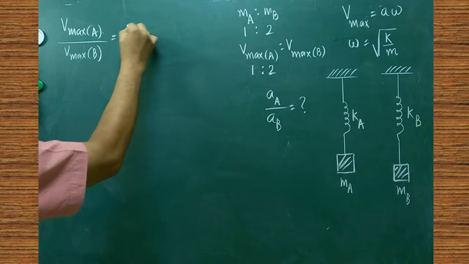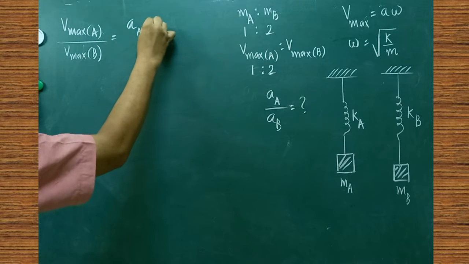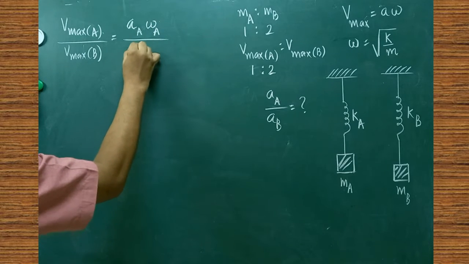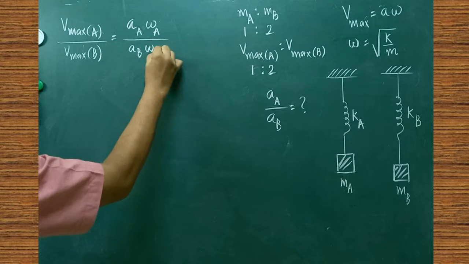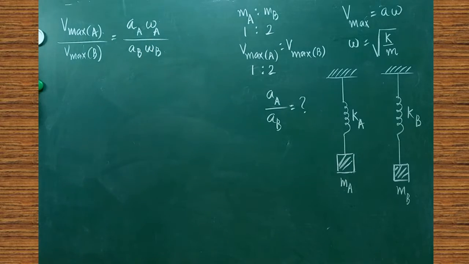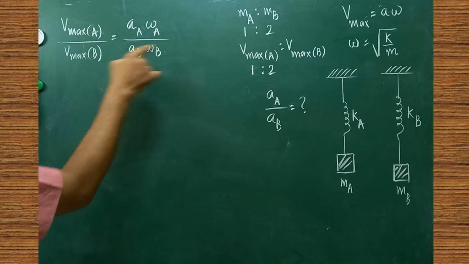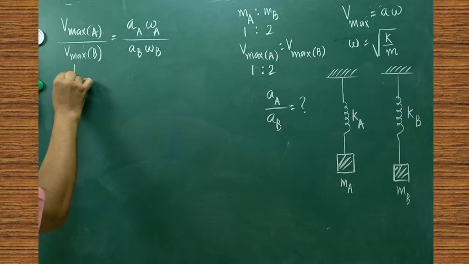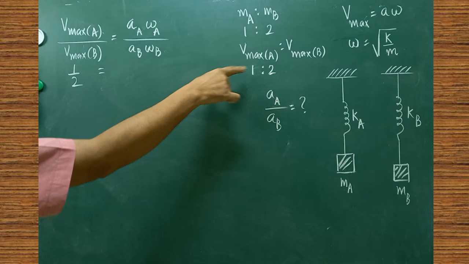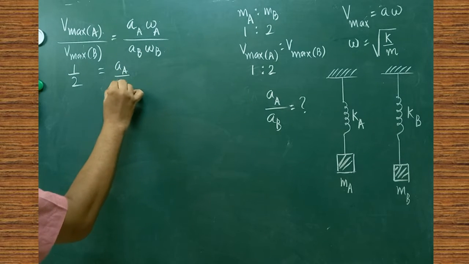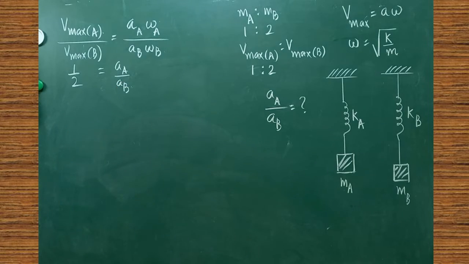That is nothing but AA omega A divided by AB omega B. So that formula is written for these two systems. Is it clear? Here we know the ratio of Vmax A to Vmax B, already given as 1:2, which can be written as 1/2. What is required? AA by AB is required.